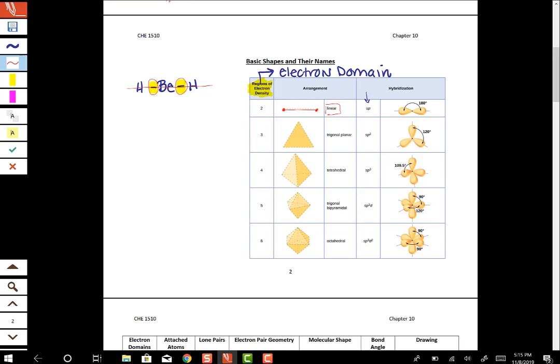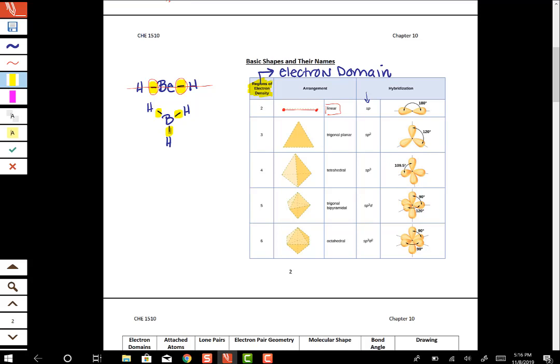In a different example, something like BH3, for example. You might have wondered why, when I've been drawing Lewis structures, I always spread out my atoms, and this is why. Because the electrons in the bonds that make up that molecule want to repel one another.